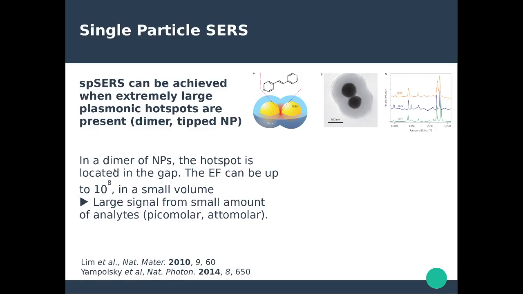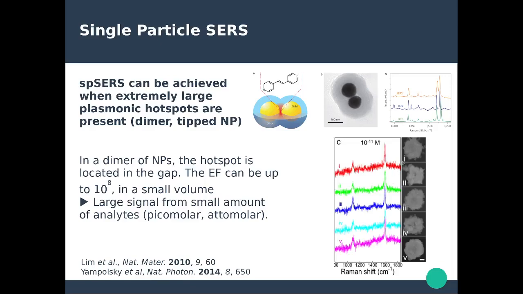That's something we discussed in the previous video, and it's basically achieved in this kind of dimers that have been synthesized in the group of Rick Van Duyne at Northwestern University. So they are basically the world record for enhancement factors. So those large signals coming from a small amount of analyte are achievable in this kind of configuration, and typically people can achieve picomolar or even attomolar concentrations.